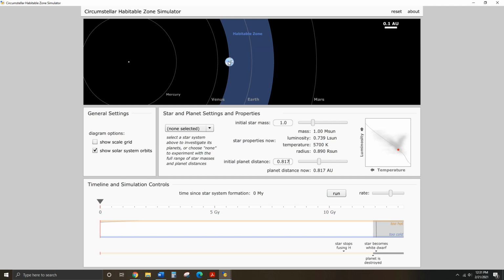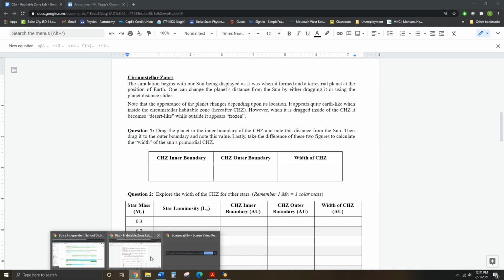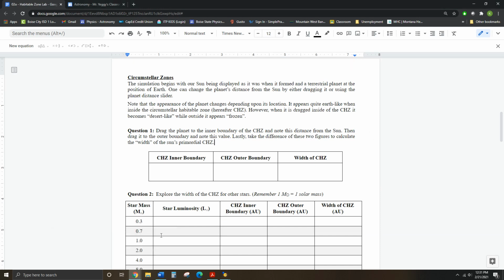Let's check the outer edge. Make sure you recorded that number in the initial table. And we'll see how far away from the star we can go before we die. Oh, and right about there. Looks like about 1.17 AUs. So we'll want to make sure we record that information here.